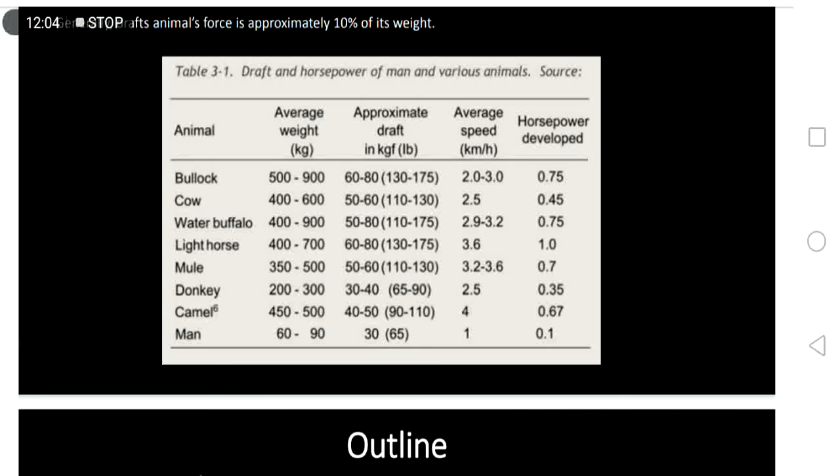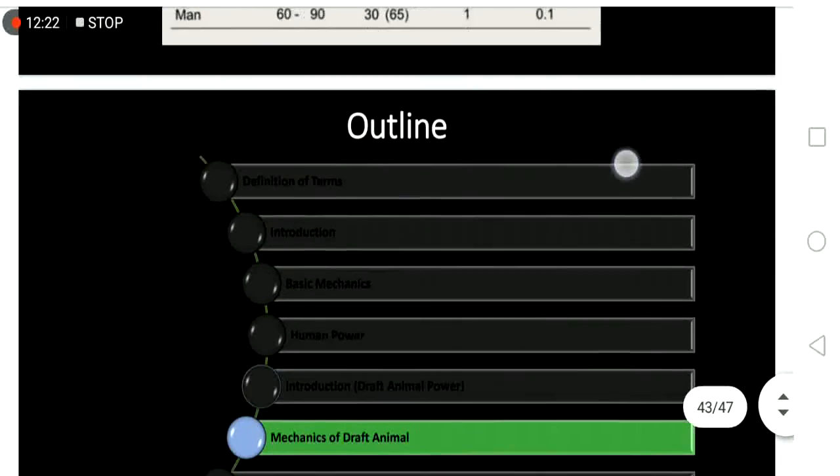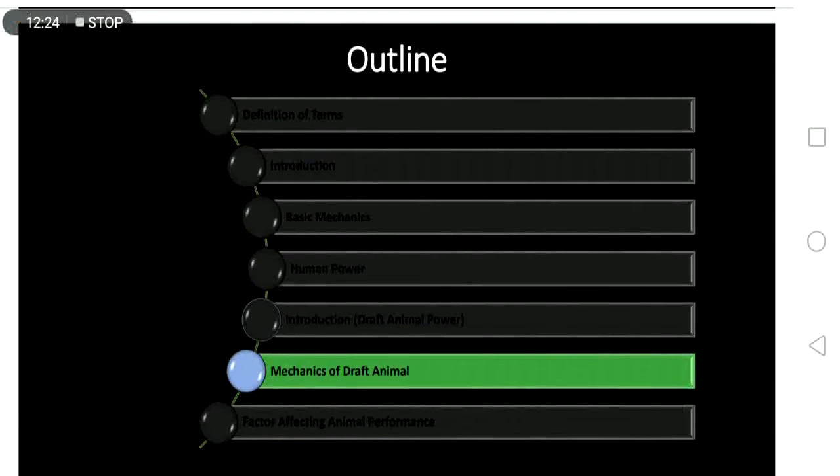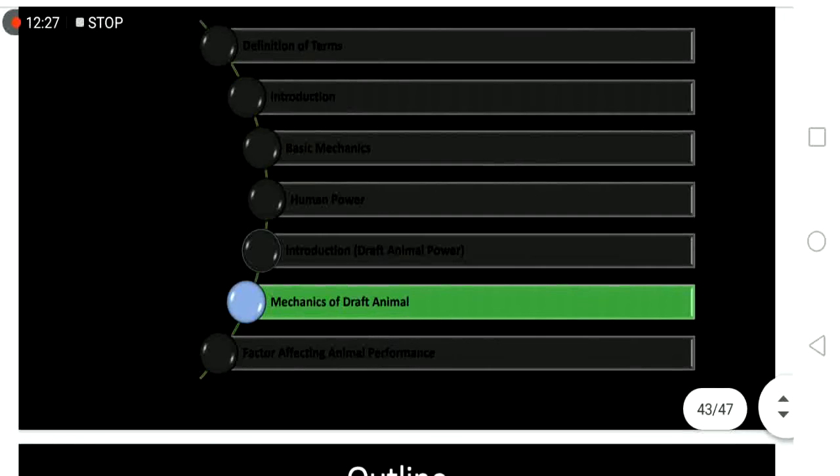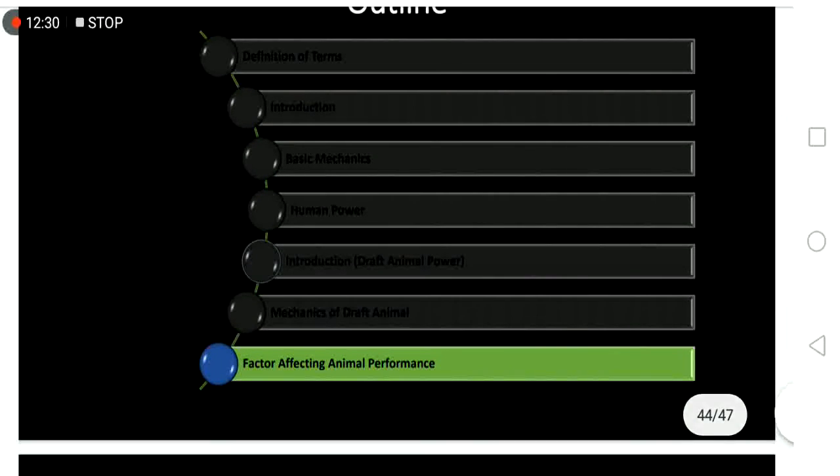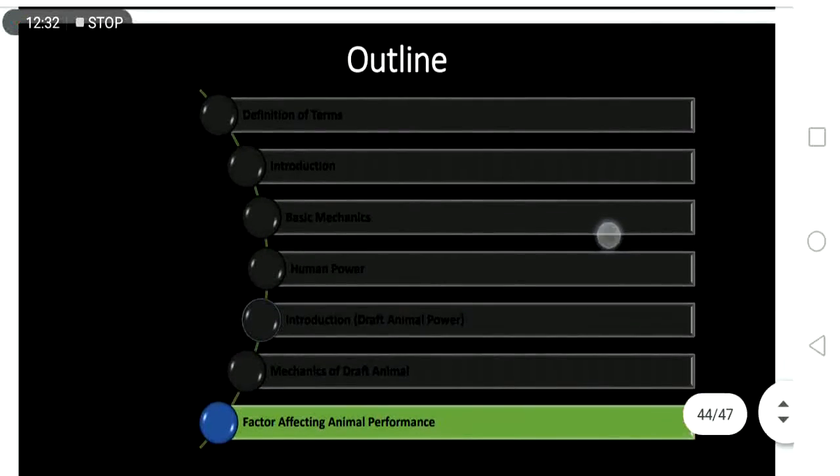Let me check. 0.1 divided by 1, yeah, it is 10%. Okay. So we are done with the mechanics of draft animals. Let us now proceed to our last topic, which is factors affecting animals' performance.